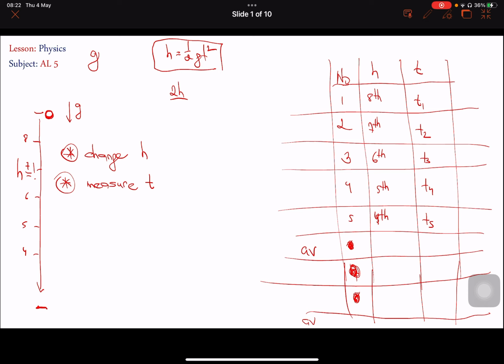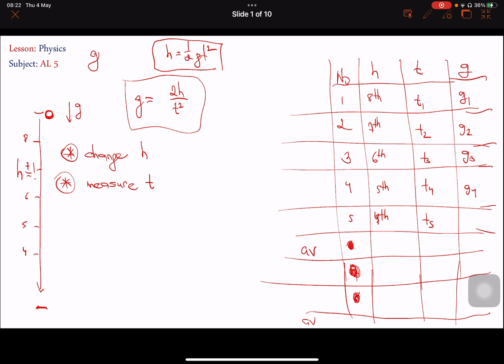Measure the time. And if you measure the time, of course, the gravity that you'll find will be 2h over t squared. That will be the formula that you use, and you'll have different G values, of course. I hope they will be close to each other: G1, G2, G3, G4, and G5.